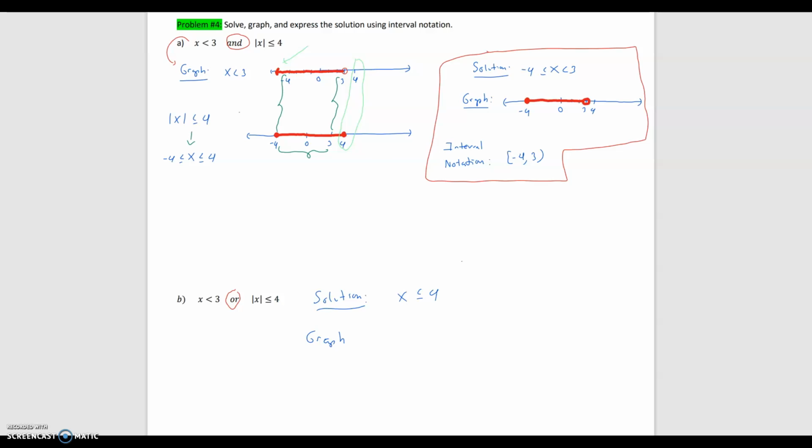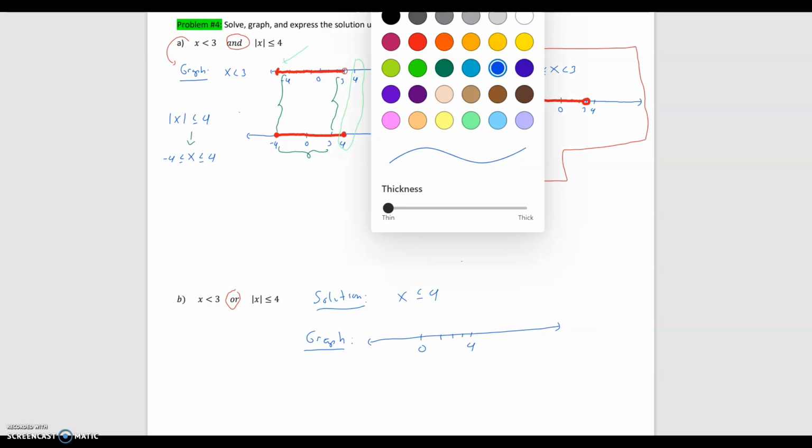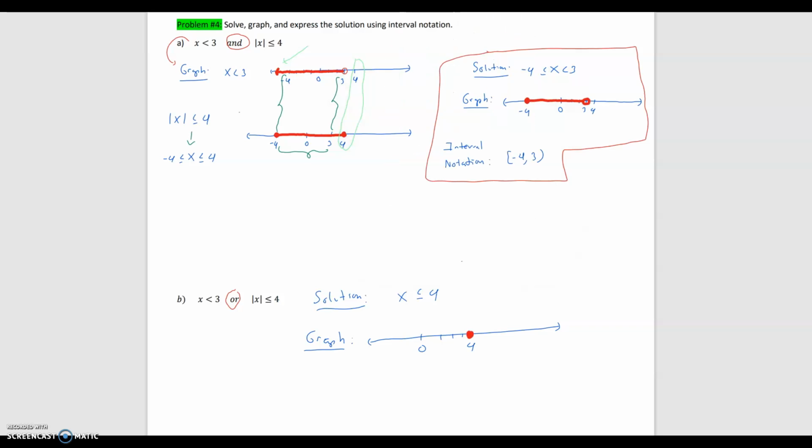The graph is going to have all values 0, 1, 2, 3, 4, and a closed circle there all the way to the negative infinity.